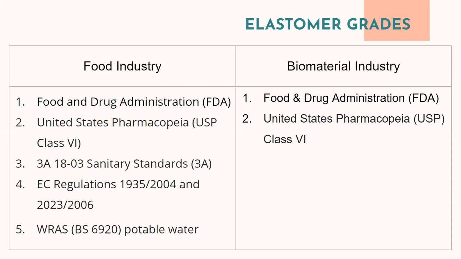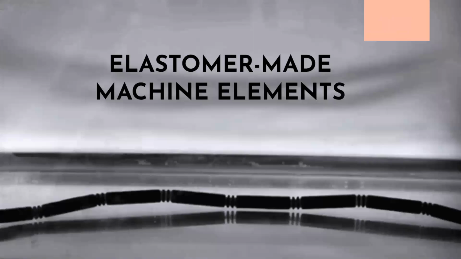The elastomer grades in the biomaterial industry are Food and Drug Administration, FDA, and United States Pharmacopeia USP Class 6 only. Next.